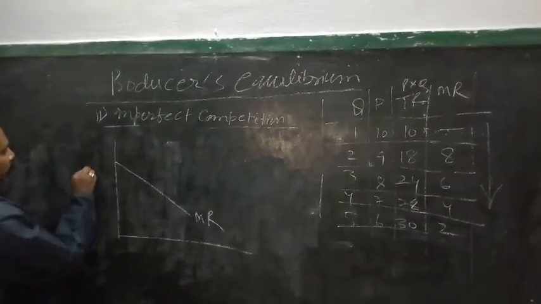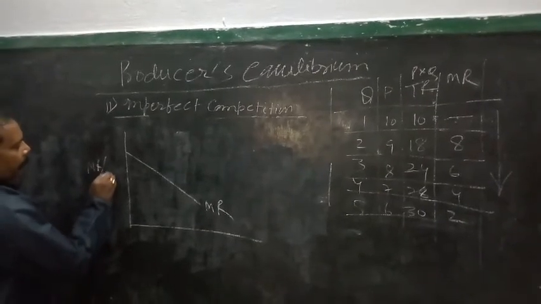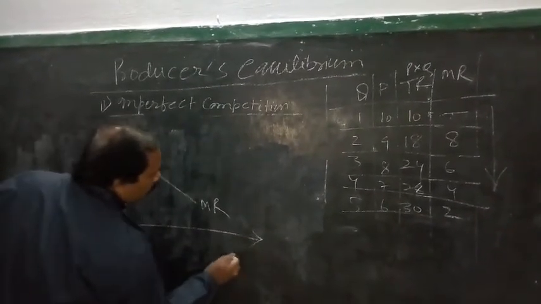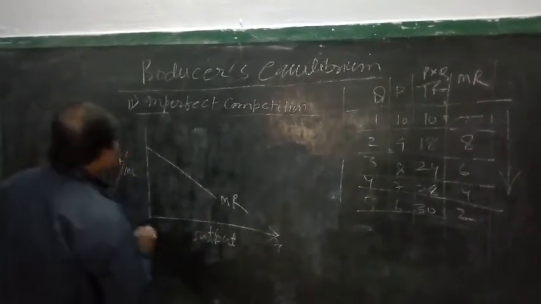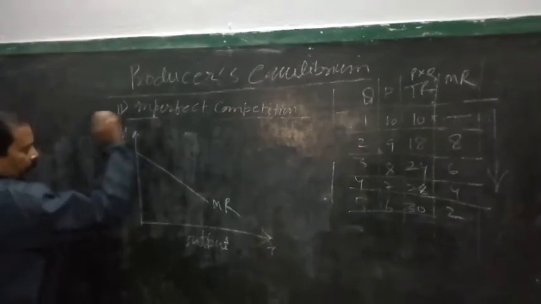So this is the MR and this is the MC. Here on the x-axis is the output, and this is the y-axis.